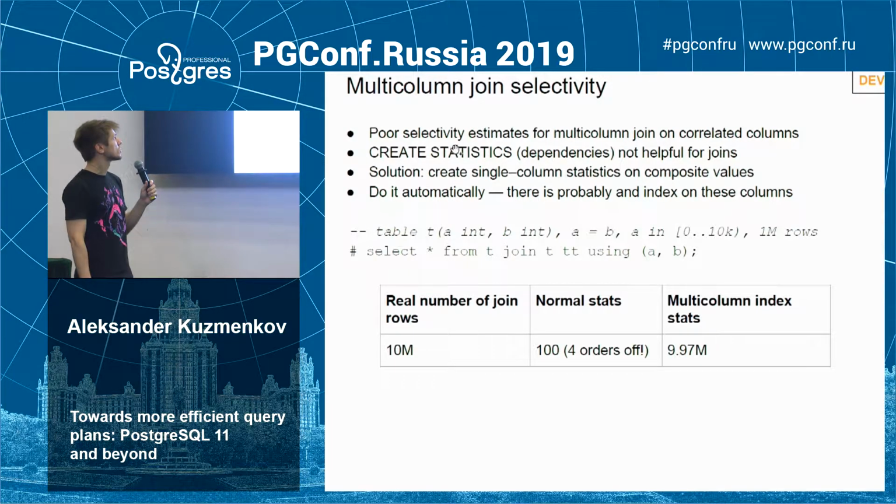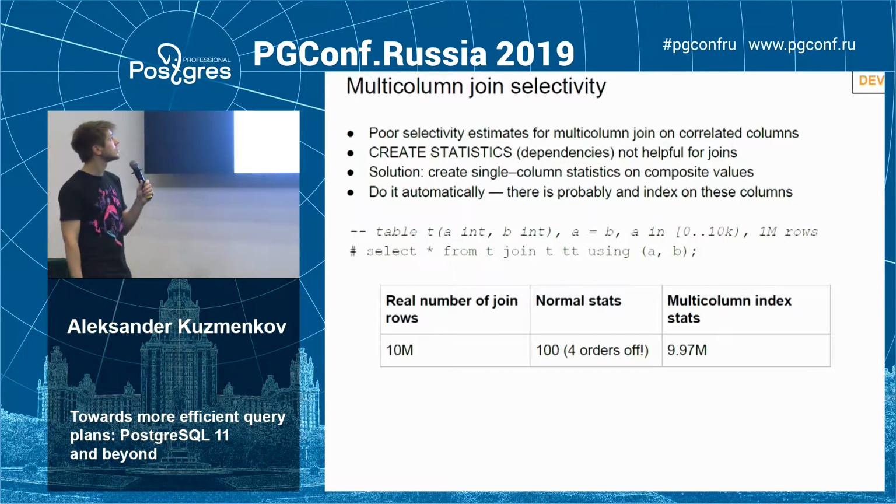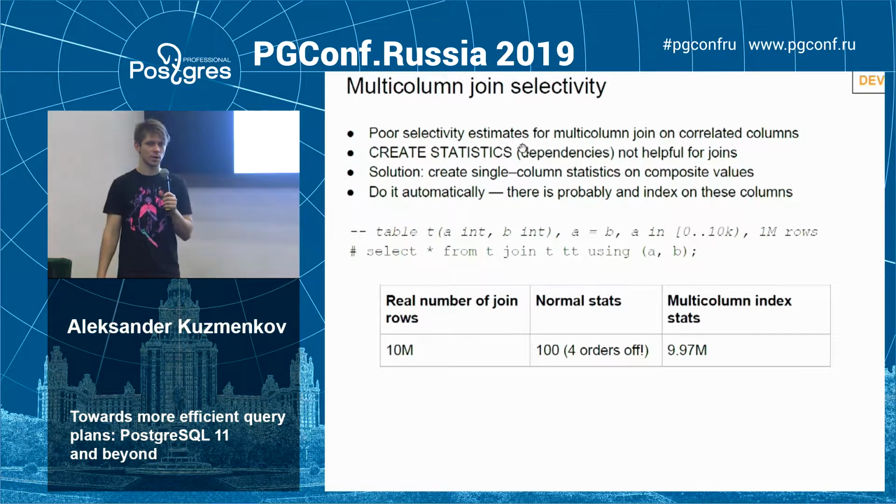Well, in fact, this is a very interesting topic, since when we just have select, not join, we have special create statistics with dependencies. So if we had select with A less than 100 and B less than 100, and we create statistics with dependencies, the selectivity would be right.